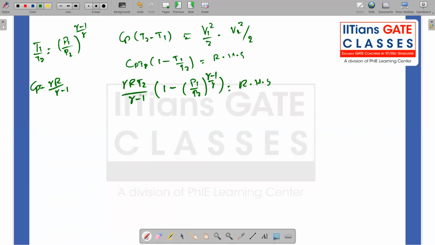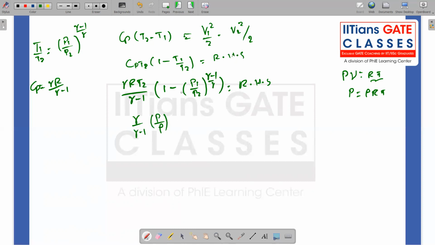So what is RT? I know PV is equal to RT, or I can write it the other way, P is equal to rho RT. Both are the same. So RT is nothing but P by rho. So I can write gamma by gamma minus 1 times P by rho.